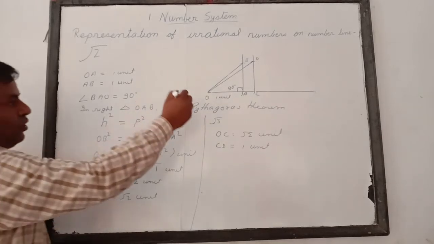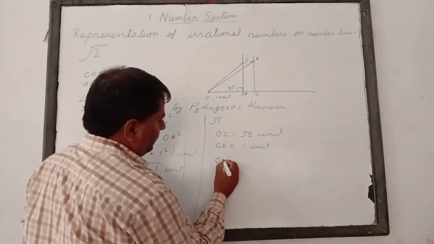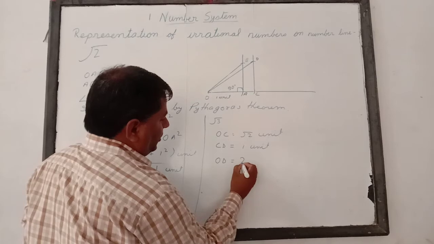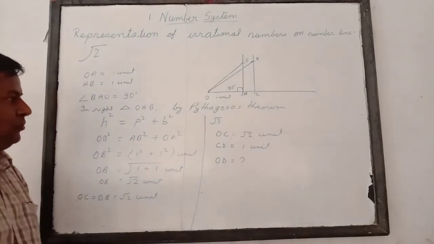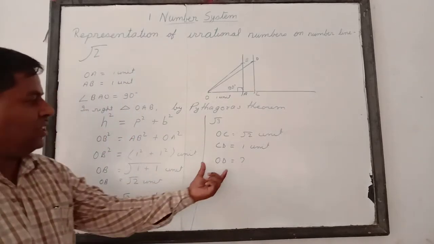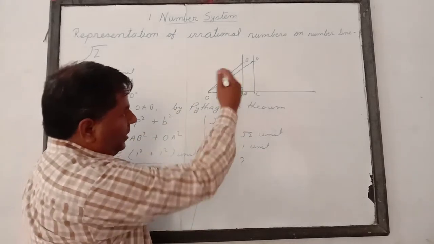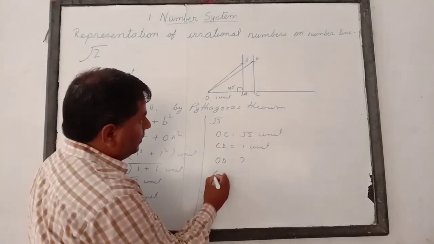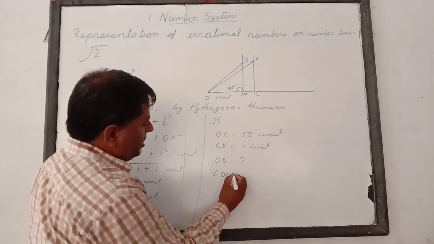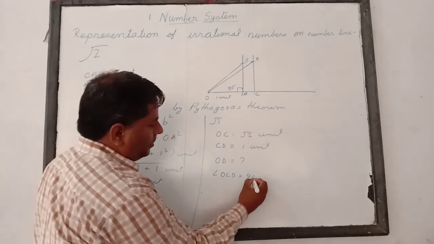So now what have we got? OD. So OD is equal to what? Mathematically, using the Pythagoras theorem we can find the value of OD also. In this question also you can see that angle OCD is equal to 90 degrees.